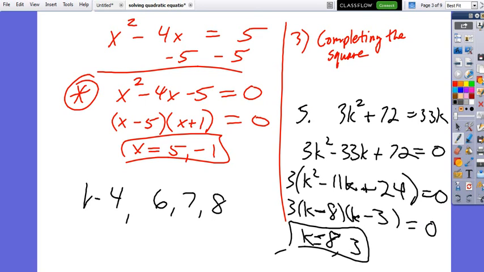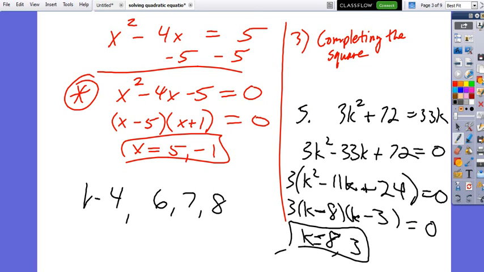Now once we've done that, then we're going to factor out our GCF if there is one. And there is. 3 is the GCF. So when we factor it out, we get k squared minus 11k plus 24. And then we can factor. You can just bring your 3 down.